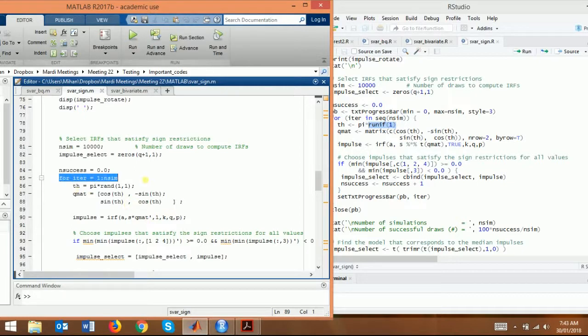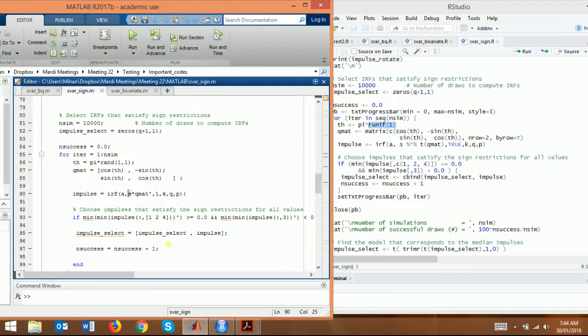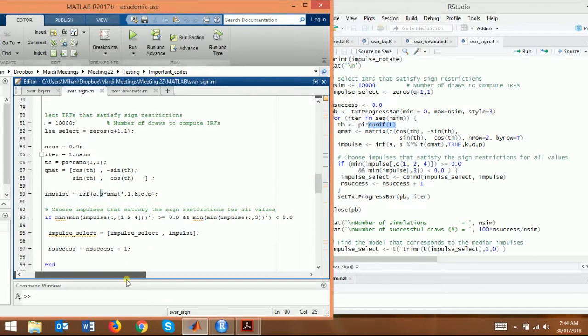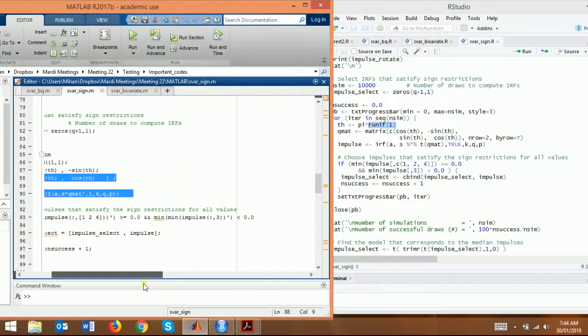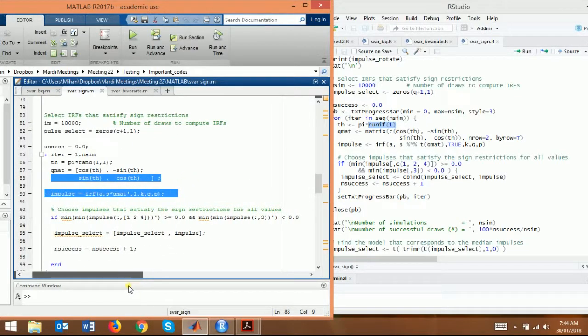Don't think about iteration now, just think about theta, Q mat, and theta that generates Q mat with a random number, and multiply S with it, and choosing the impulses. So this creates the whole 100,000 impulses.